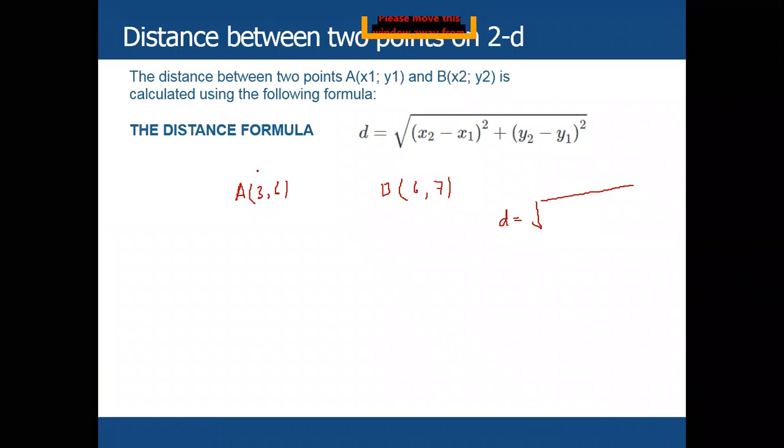You can say this one is x1, this one is y1, this one is x2 and y2. Or you can give these values as x1, y1 for B and x2, y2 for A. The result will be the same because it's distance. If you count from side A or from side B, the result will be the same.